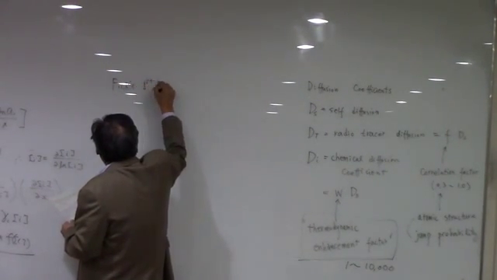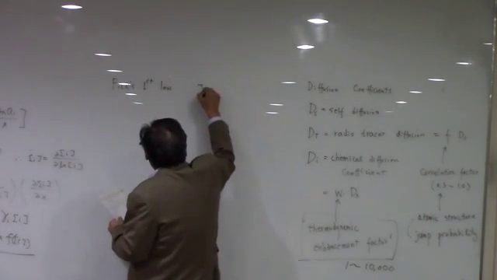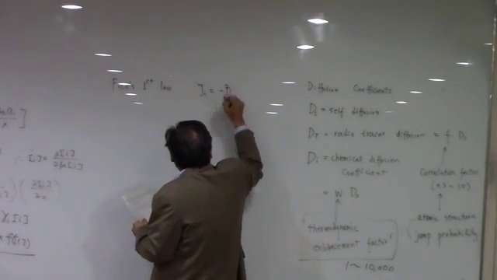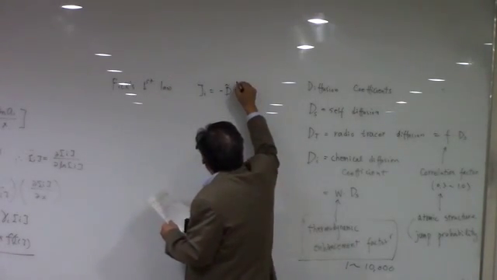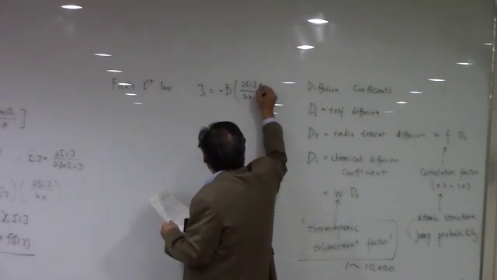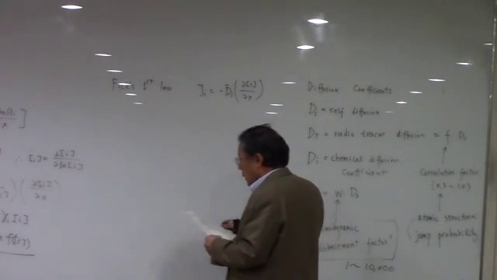First law says Ji is equal to the chemical diffusion coefficient times the concentration gradient. Here, this is a chemical diffusion coefficient, right?